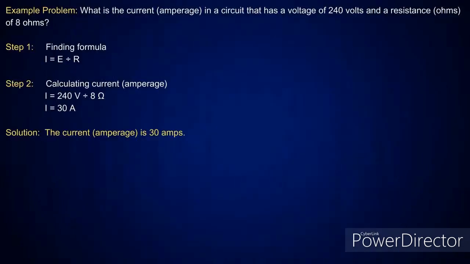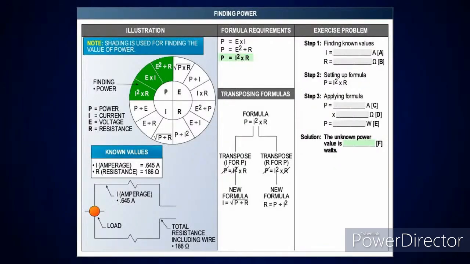Okay. Now, as I look at doing the amperage here, and let me go back one here so you'll see the wheel. Here's my amperage right here on the bottom left-hand side of the wheel. And you're going to see everything looks exactly the same here.